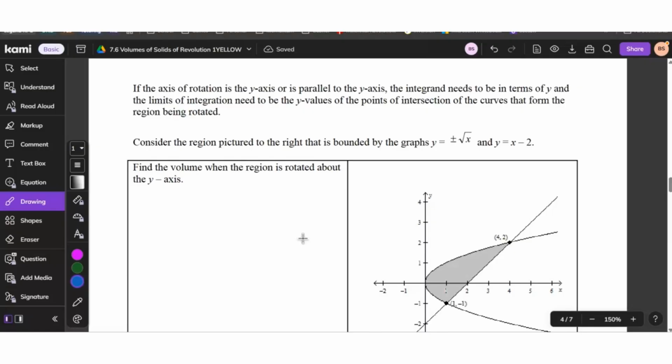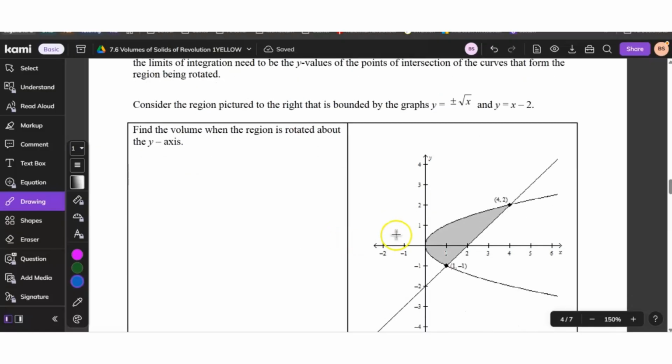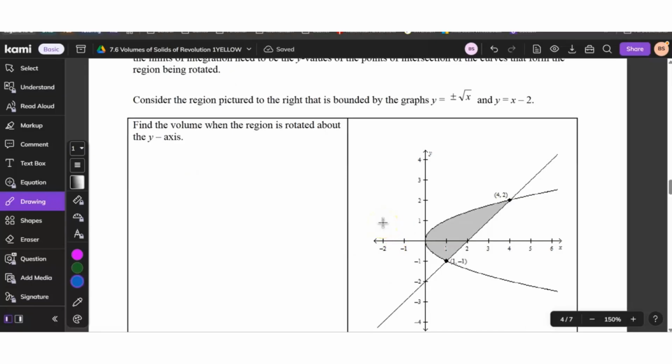Okay? All right, what about if the axis of rotation is the y-axis? If you remember yesterday, that was what we had said in our bell work, right? It could be the y-axis instead of the x-axis. That's what we're going to do. If we're doing that, all that really means, you guys, is that we need to change our equations, because we want our equations to be written in the opposite form.